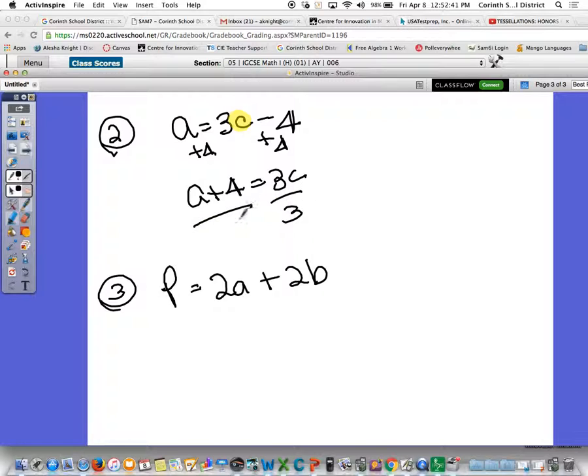Divide by 3. Okay, what am I making the subject in number 3? B, okay? So that means I need to combine P and 2A. I'm going to subtract the 2A. That gives me P minus 2A equals 2B. Then divide by 2.